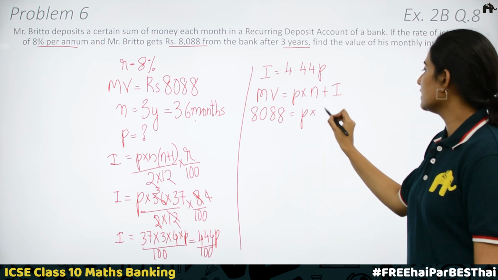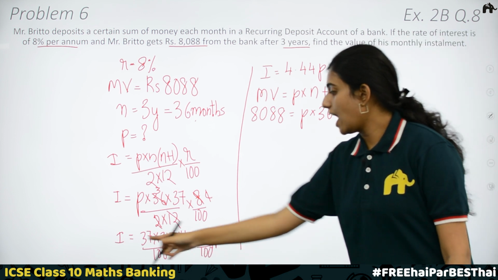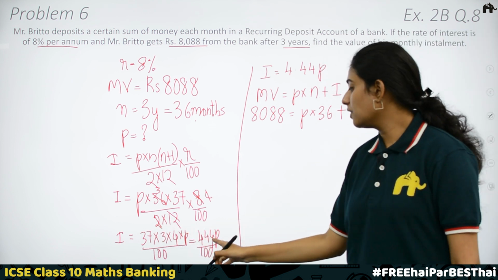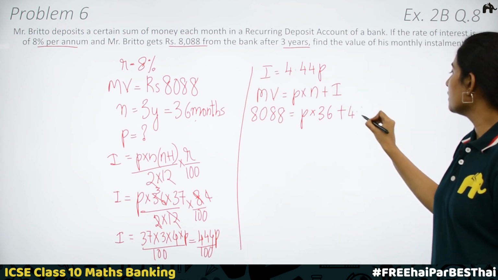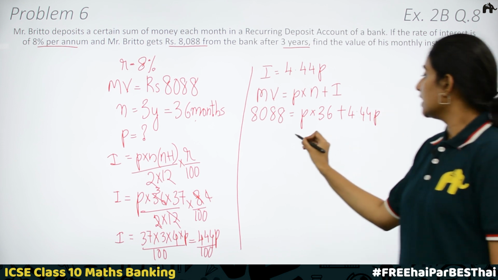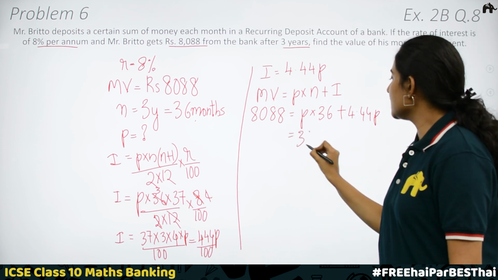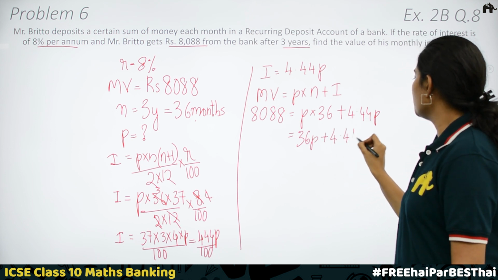Value of N 36 plus interest I is equal to 444 P divided by 100 or 4.44 P. 8088 is equal to 36 P plus 4.44 P.